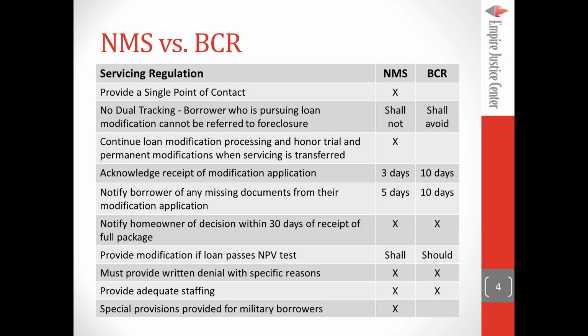The BCR covers anybody that's servicing in New York, but there's not as high a level of protection for homeowners if you're not covered by the NMS. So as we said, you shall avoid it, but there's no strict requirement that they avoid dual tracking if you are not one of the 5 servicers. Hopefully that answers it.